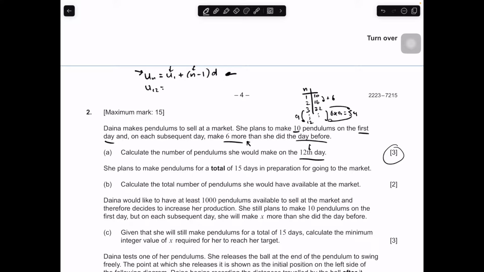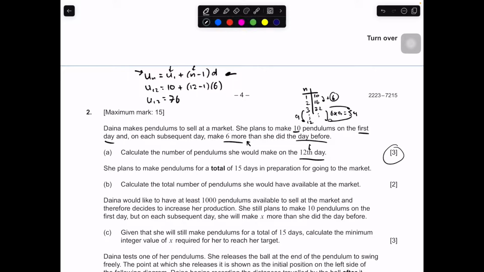We know the first term itself is 10. For the term number, we want the 12th term, so 12 minus 1, and the common difference, how many new pendulums she's making each day, is 6. So the value of the 12th term is equal to 11 times 6 plus 10, and this gives us 76.